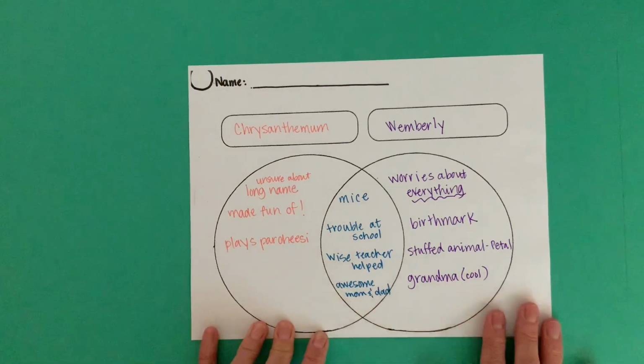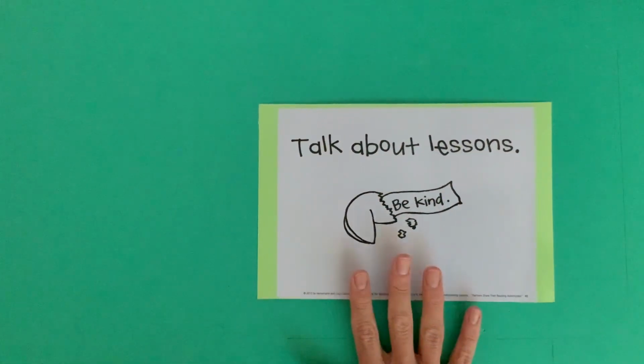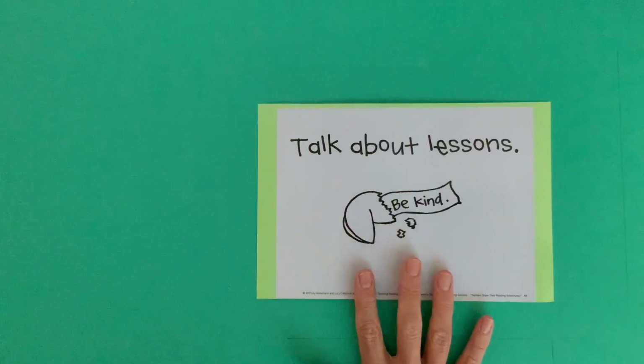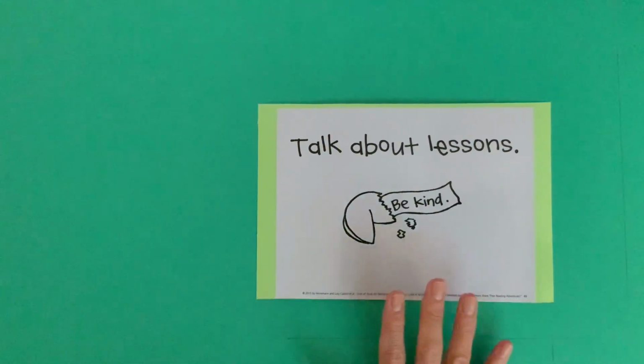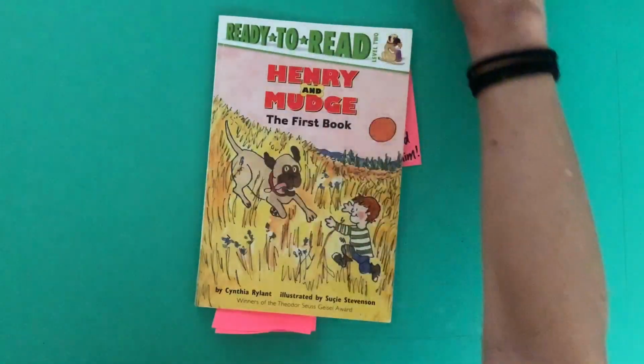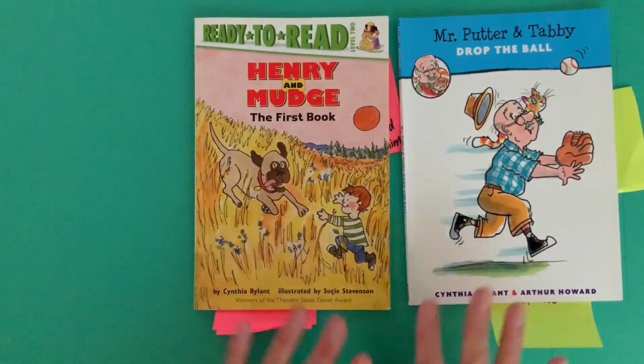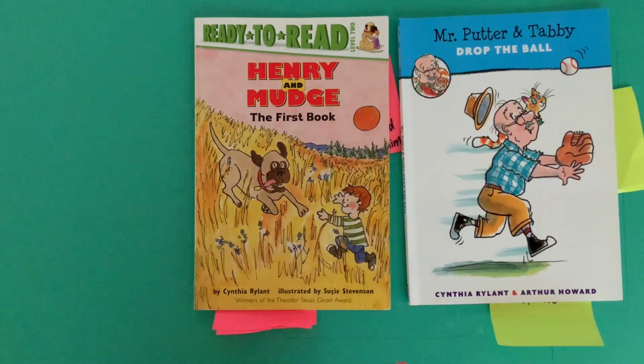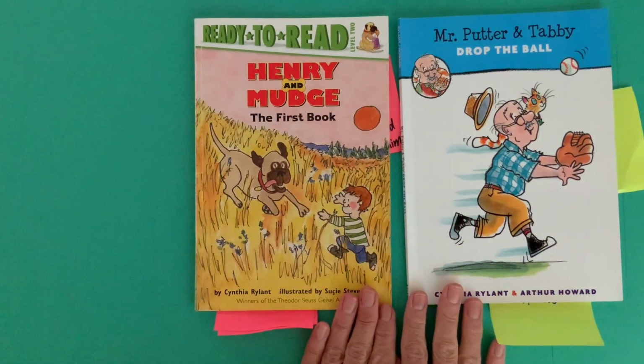Sweet. So one of the things you can think about in those books is the lessons, because sometimes the lessons might be the same. For instance, if I were to compare Henry and Mudge and Mr. Putter, I might think that they both love their pets, right?